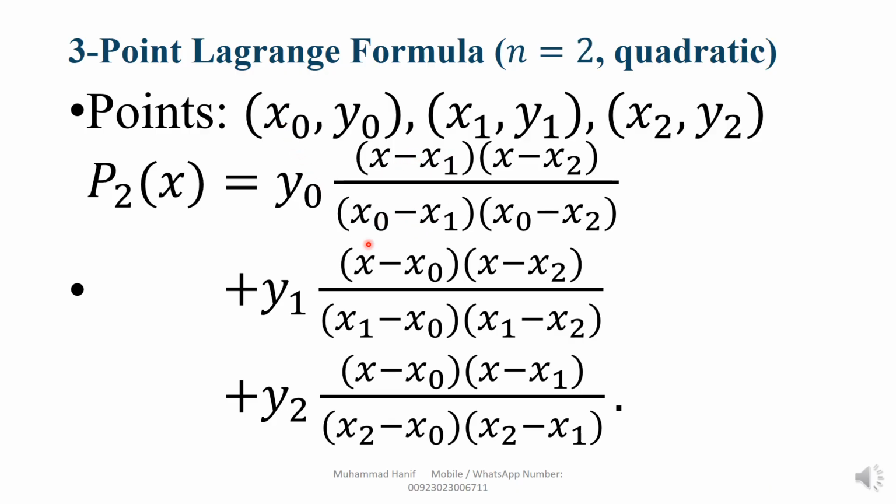We use x0, then the other element is x2, x0 minus x2. Then you write the same: every element x minus x1 and x minus x2. If here is given x1, then you write also x1. If here is given x2, then you write also x2.